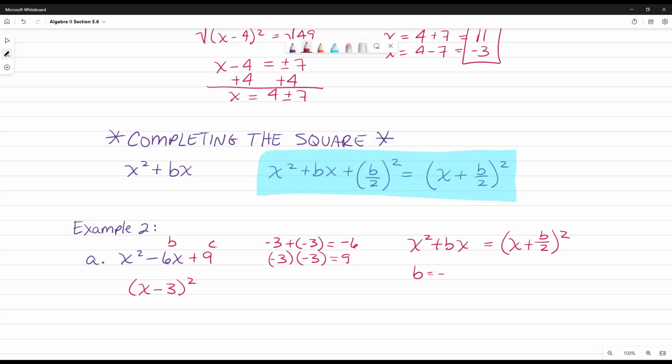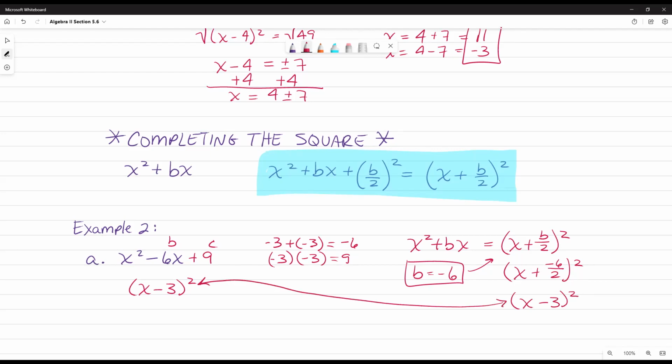So b equals -6. So plug that in: (x plus -6 divided by 2) squared. And then can we simplify? What's -6 divided by 2? Do those match?